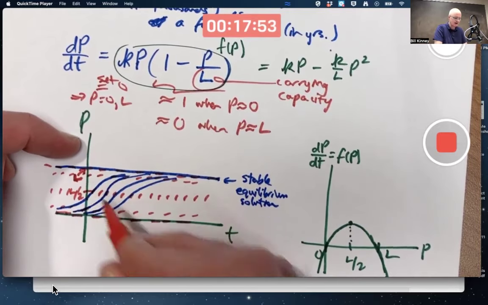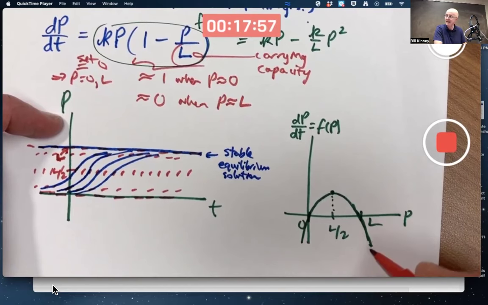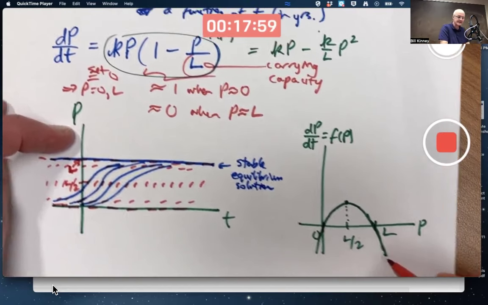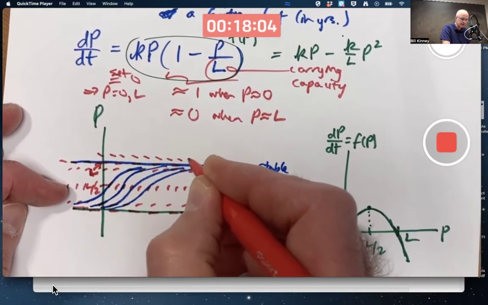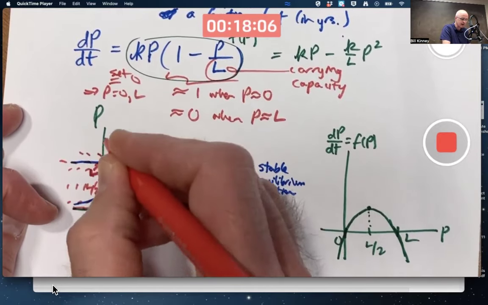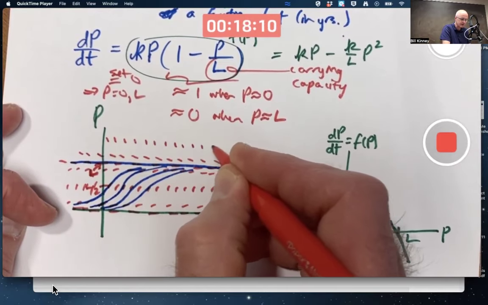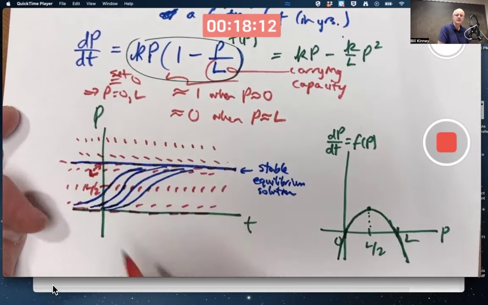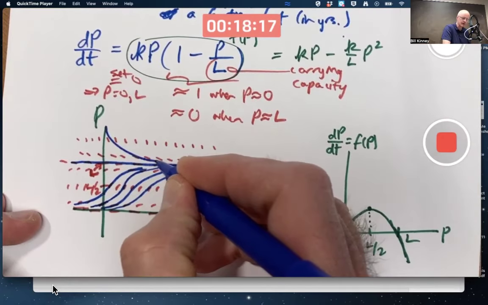If P is above L in this graph, that means the f of P function has negative output, and that means the slope field has negative slopes. Slightly negative if you're just barely a bit above L, and more negative if P is further above L. And yes, solutions up there decrease toward the carrying capacity.